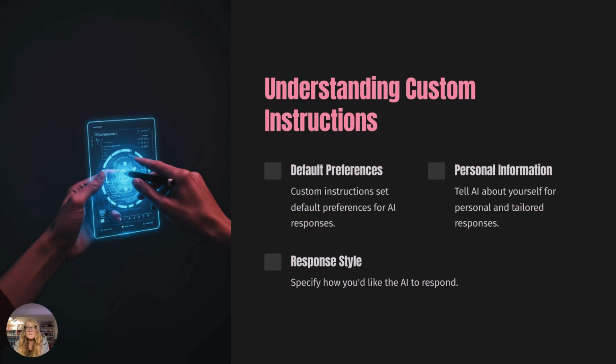And at first glance, this seems like a great way to make AI work exactly how you want. However, a mistake that many people make is trying to cover every possible use case in that top level set of settings. AI works best when it has some guidance, but too much upfront detail can actually limit its ability to be useful across different contexts.